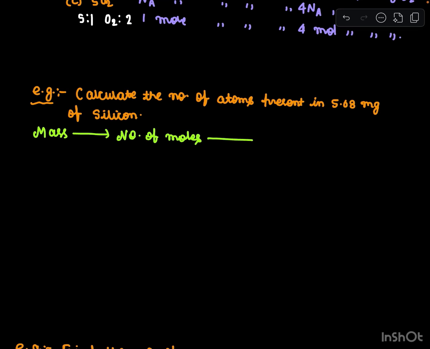From the number of moles, multiply with Avogadro's number and get the number of atoms. That's how you will proceed. At first, calculate the number of moles from mass. Number of moles equals mass by molar mass.